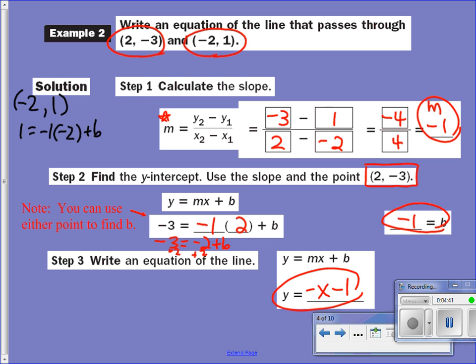Because our y is 1, equals our slope of -1 times our x-coordinate of -2. 1 equals 2 plus b. We are going to get the exact same value for b. So it really doesn't matter which ordered pair you use because you're going to get the same value of b. With that slope and that y-intercept, it's going to go through those 2 points that were given.